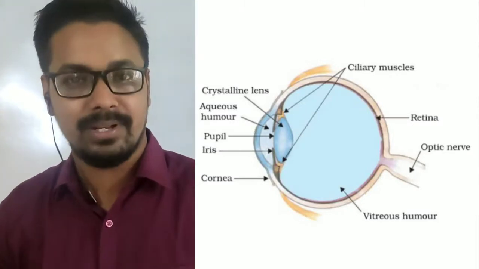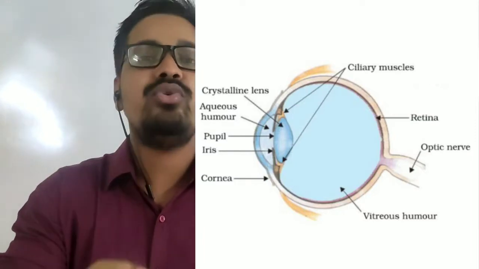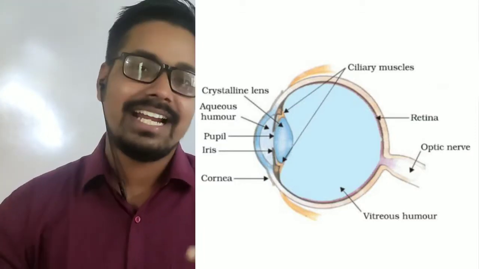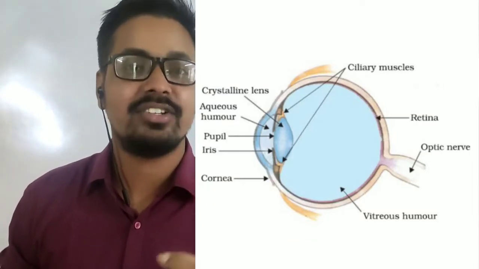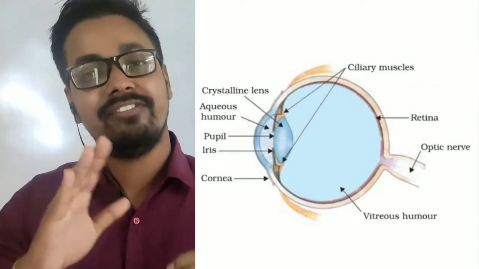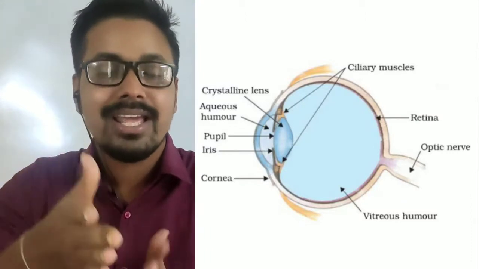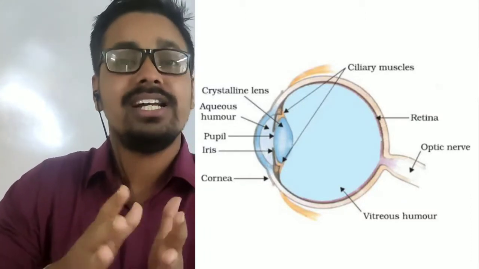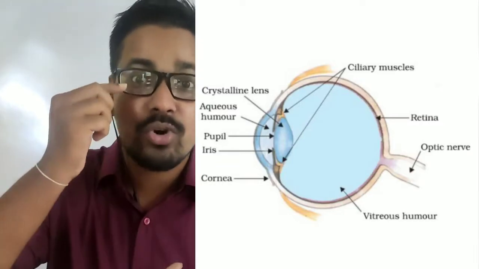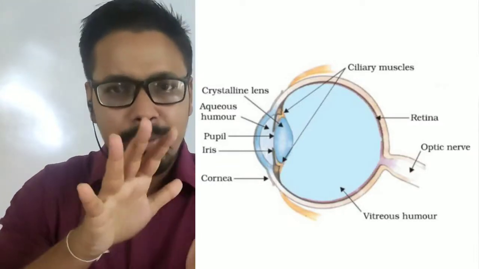As a result, what happens? The refraction is bound to be more in the cornea than in the eye lens, that is the crystalline lens of the eye, since the difference in refractive index between the aqueous humor and the crystalline lens is not as much as the difference between the cornea and the air. I hope you get my point.